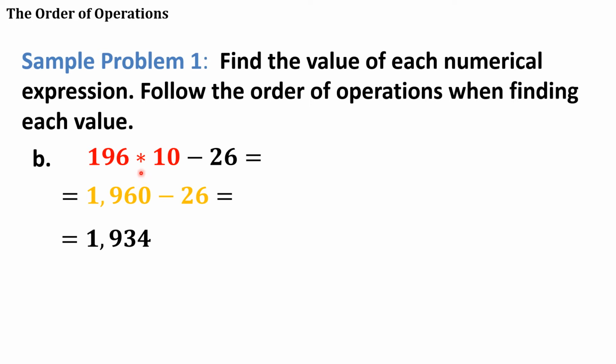We can also use parentheses, or we can use that X, but again, we can get confused with our variables. So the first thing that we did was multiply, and then we subtracted. This is going to be our answer, 1934. And if this was the same as yours, then good job.